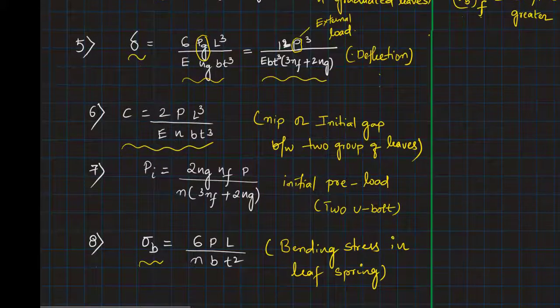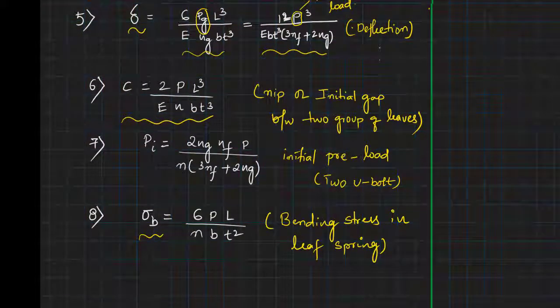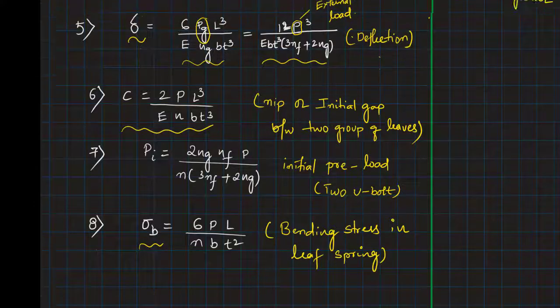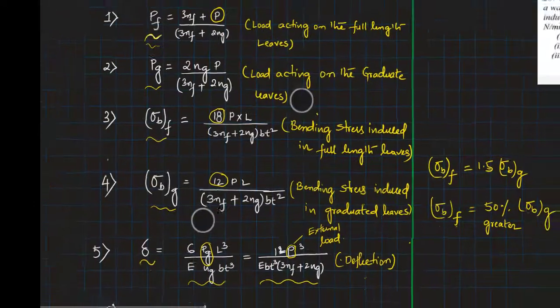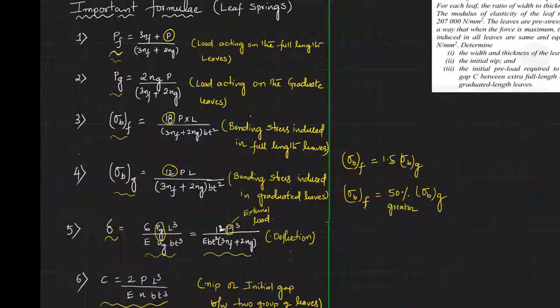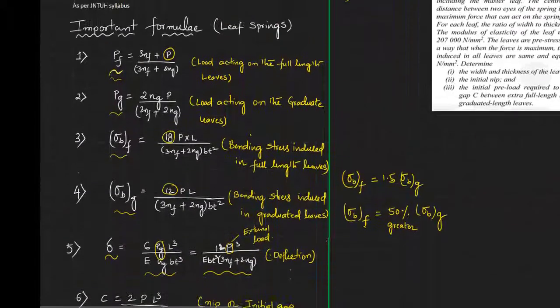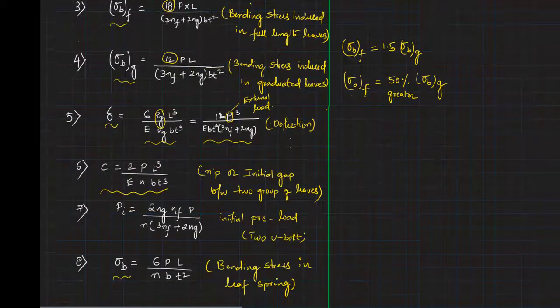Okay, so this is the way you can solve the problem by using these 8 particular formulas. Once we have got to know all these 8 formulas, then we can easily solve a problem.